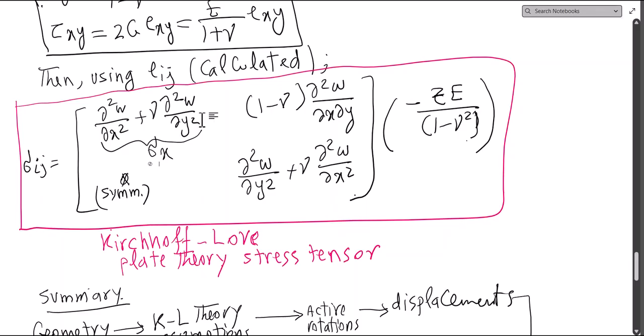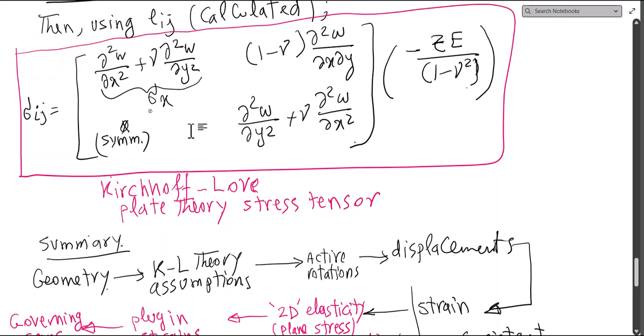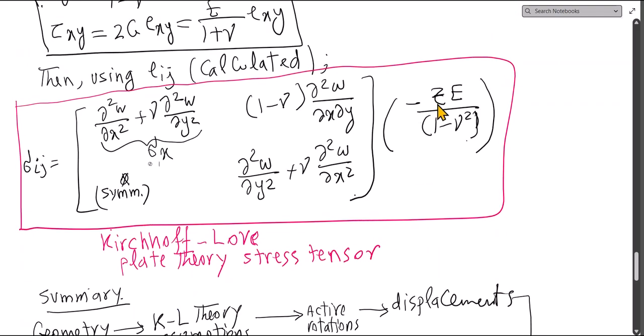W is a function of x and y, so this whole thing is a function of x and y. And this is a constant E and mu, and z. So therefore this sigma x is a function of x, y, and z. But it is a linear function of z because everything else becomes a coefficient to the z.